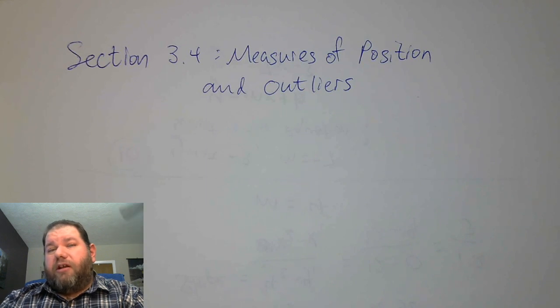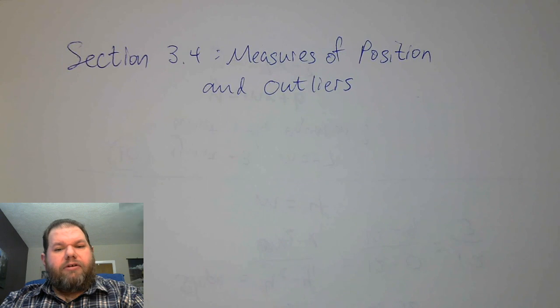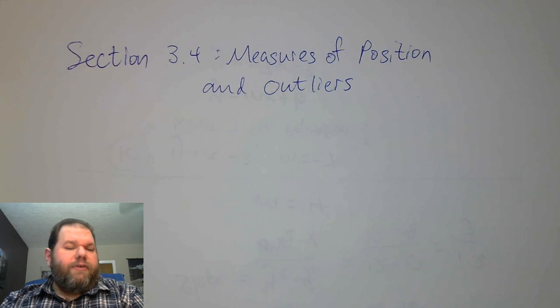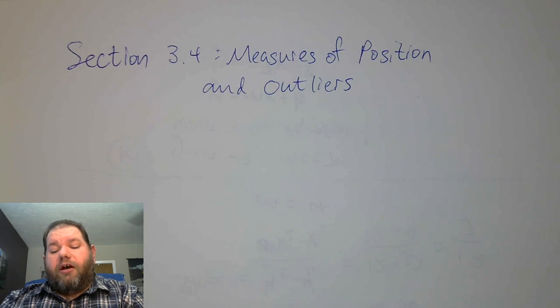We do have a measure for this that we'll talk about more later, in chapter 7, where we discuss what's called the z-score, which is basically a measure of position in the data set. And we'll talk about it more when we get to that point. That's a little ways off. In the meantime, we're going to focus instead on quartiles.